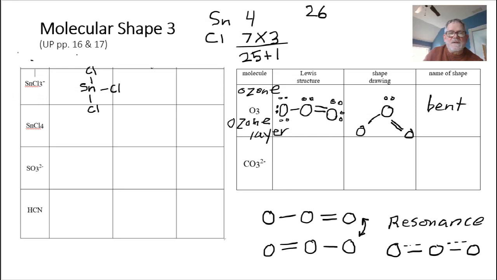Okay, so the fact that I used 3 single bonds means that I used 6 electrons because each single bond is 2 electrons. So I have to subtract 6 from my total, and I've got 20 left.